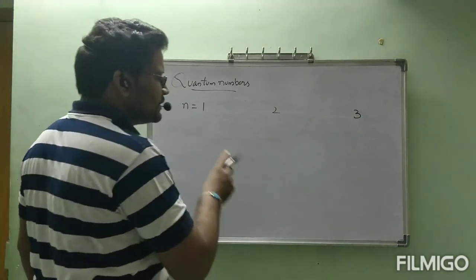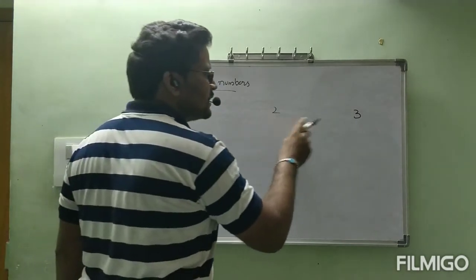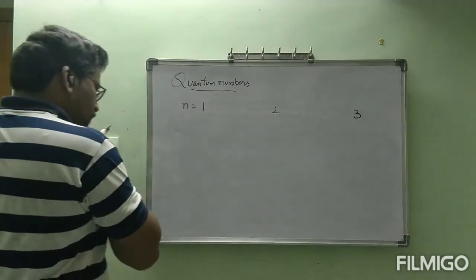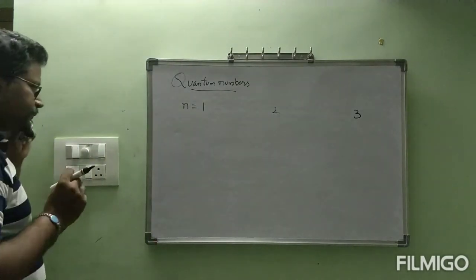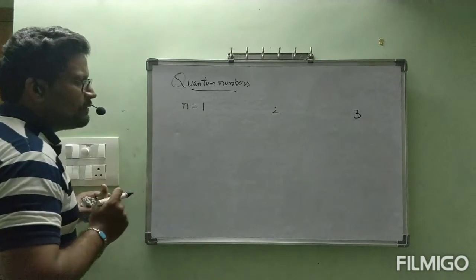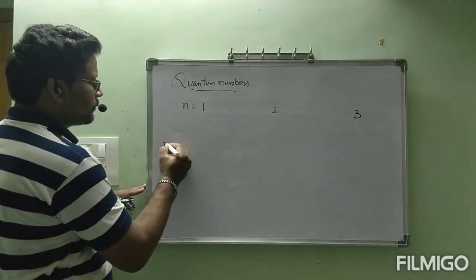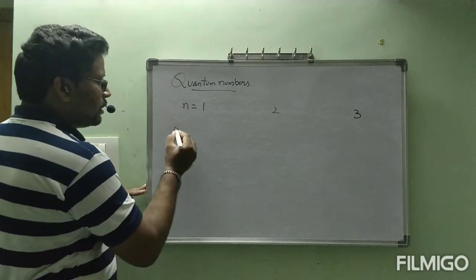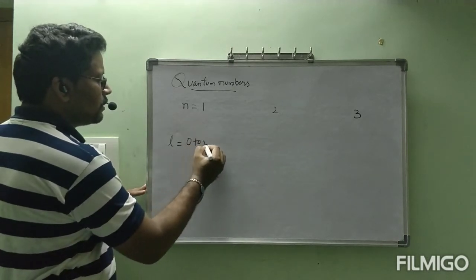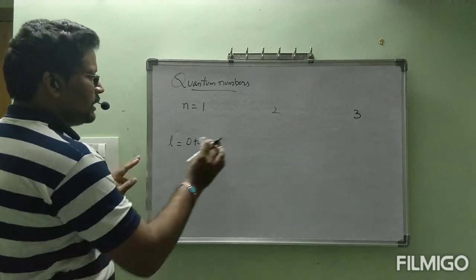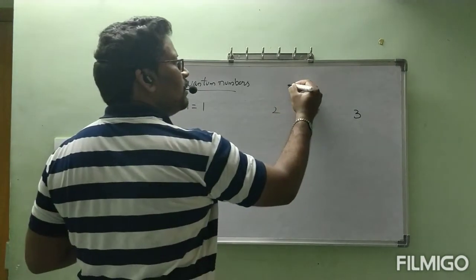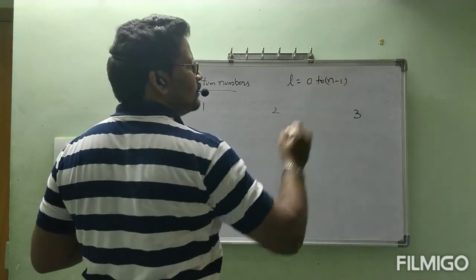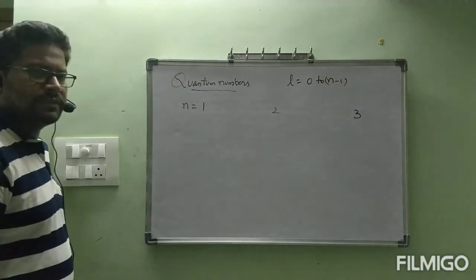This is the first shell, this is the second shell, this is the third shell. Okay. Now we will see L values. L is equal to 0 to n minus 1. L values are from 0 to n minus 1.